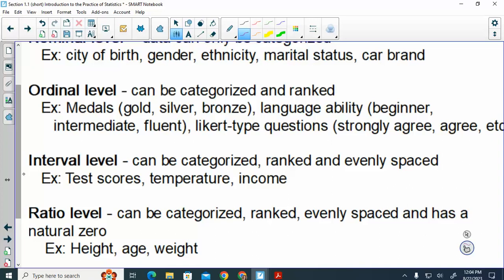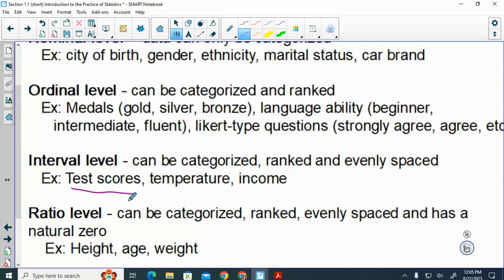What about test scores? We're going to assume no negative scores, so not a test where you get penalized for a wrong answer. That's one that you could probably make an argument either way. So some of these have a little bit of gray area. Most of the time, there are tests where if you get a right answer, you get 3 points. If you get it wrong, you get a -1 to deter guessing. There are some standardized tests like that, so it technically doesn't have to have a natural zero.